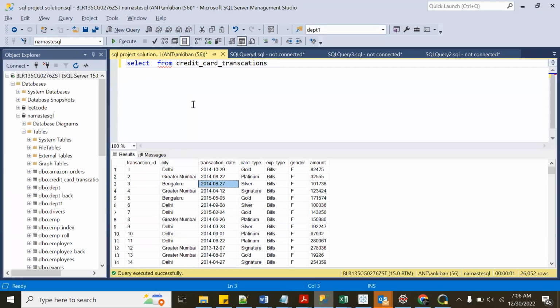For example, we can see what transaction dates are there, for which years we have the data. We can quickly do the minimum of transaction date and the maximum transaction date, so we get the range of data we have.